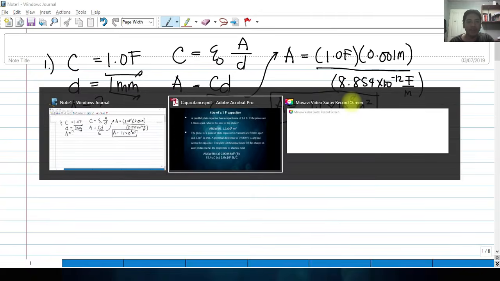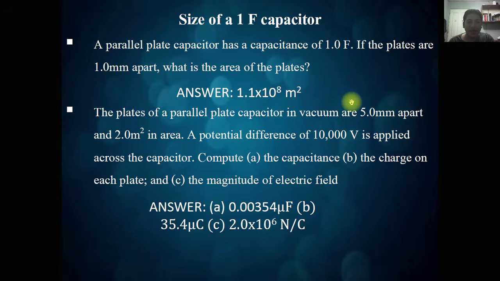Number 2: the plates of a parallel capacitor in vacuum, meaning the two plates are separated in the vacuum, are 5 millimeters apart and have 2.0 square meters area. A potential difference of 10,000 volts is applied across the capacitor. Compute A, the capacitance.